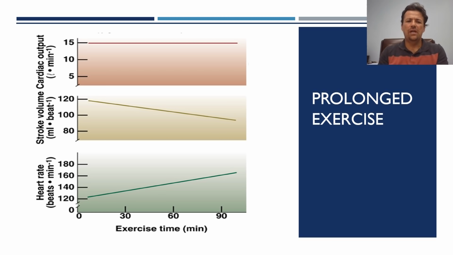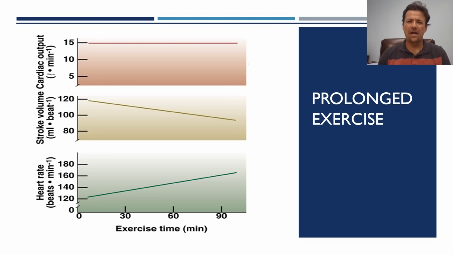Now let's just look briefly at prolonged exercise. This is exercise where you're going a little bit beyond 15, 20 minutes, to 30 minutes, 60 minutes, 90 minutes. What you find during prolonged exercise is that we must maintain cardiac output, and we can see that with that graph there. But once you cross about 30 minutes, there starts to be a slow decrease in stroke volume.